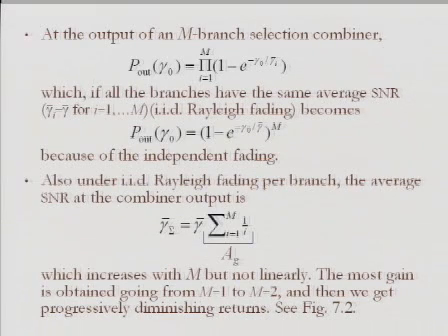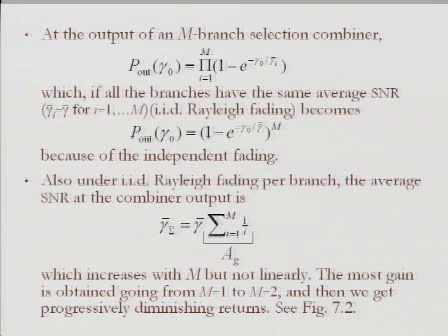Now, what's the average SNR at the output of the combiner? Well, as I said, it is the average on one of the antennas times the array gain. And in this case, the array gain can be found to equal the summation, for i going from 1 to capital M, the number of antennas, of 1 over i.